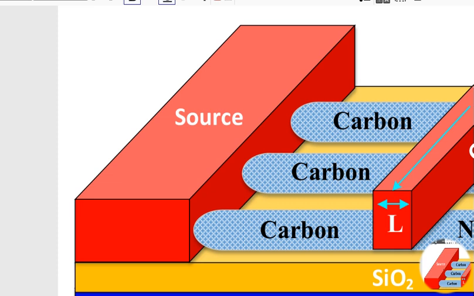So this is all about FETs, FinFETs, multiple gates. These are the latest device models in chip manufacturing: FinFETs, CNT FETs, nanowire, and nanosheet.